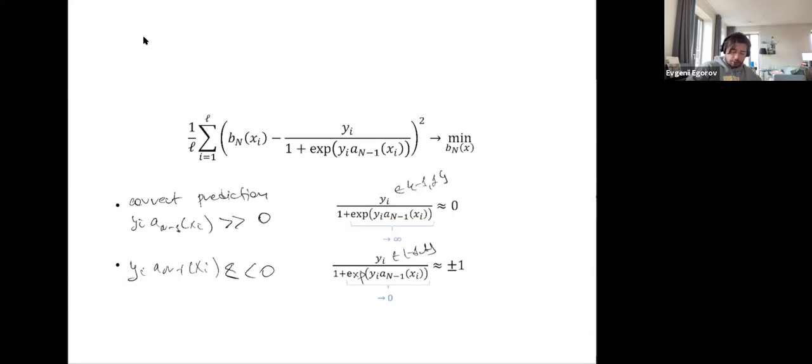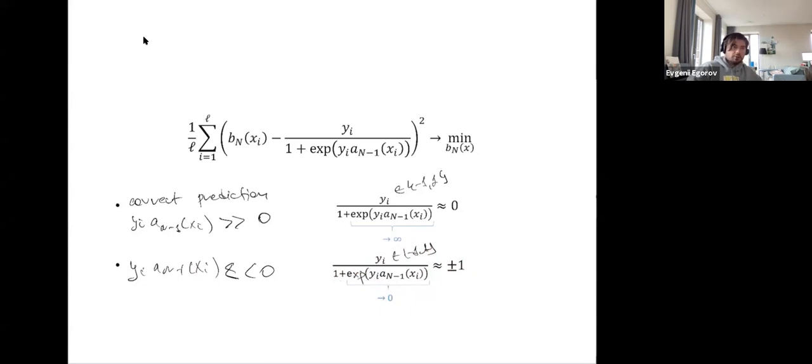So again, this is fixed -1 or 1, and this is 1 plus the exponential of some negative number. So this part will go to 0, and we will obtain y divided by something nearly 1. So we nearly output +1 or -1.